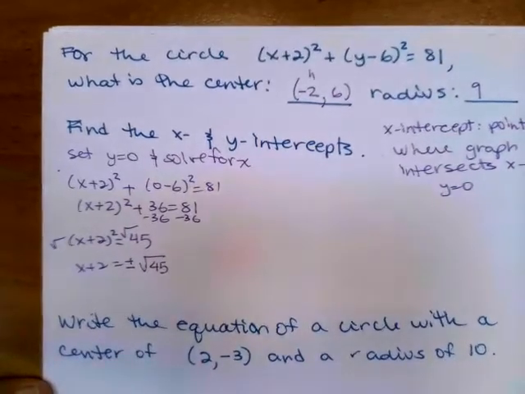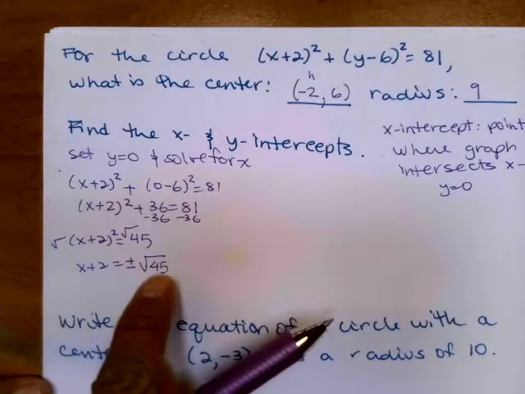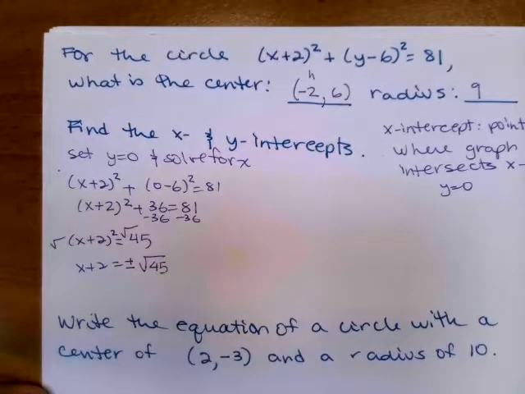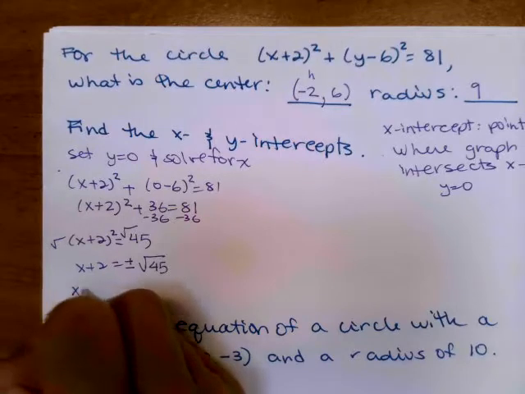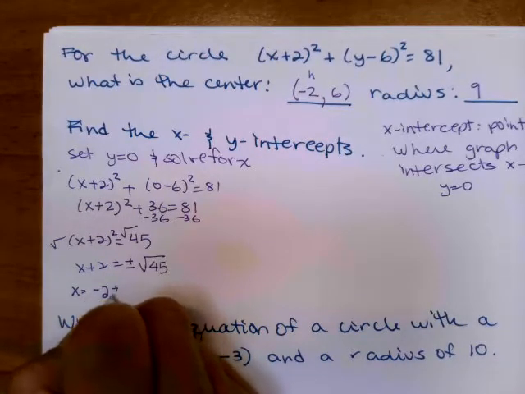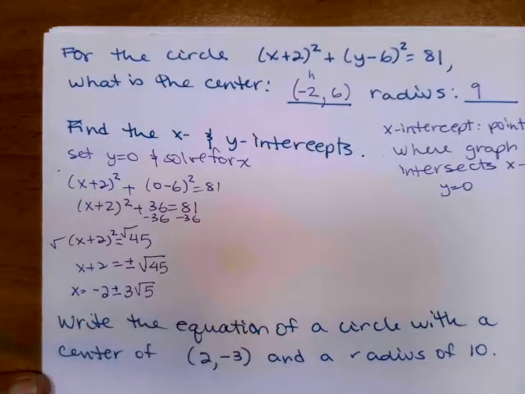Now I'm going to do two things in my next step. I'm going to subtract the 2 from both sides, and I'm going to simplify the radical. I'm not going to grab my calculator, I don't want the decimal version. I'm going to take that 9, that's a factor of 45 and is a perfect square, and bring that out to the front. So I'll have x equals negative 2 plus or minus 3 square root of 5.